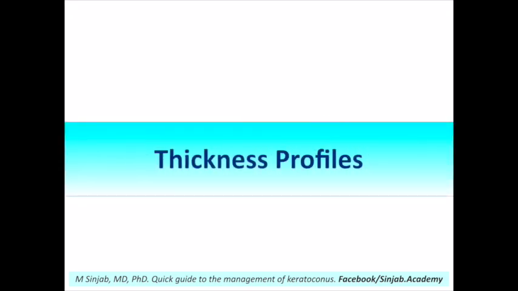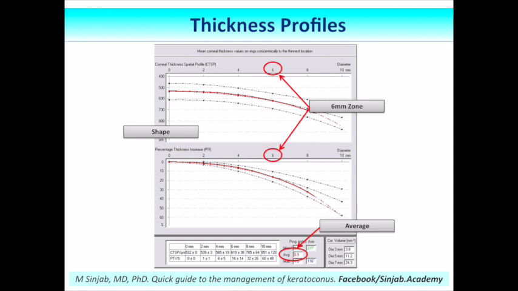Thickness profiles. In the pentacam, there are two profiles related to thickness. I will not discuss the basics of these profiles because it takes time, but what's important here is to look at the shape of the red curve.